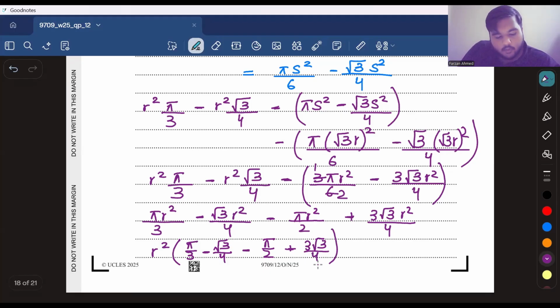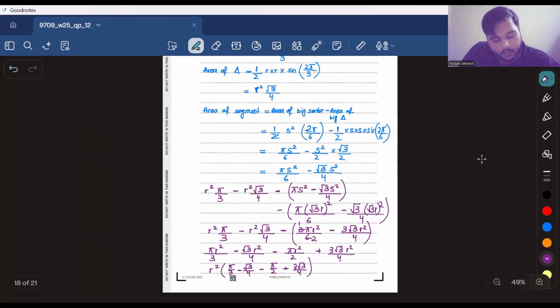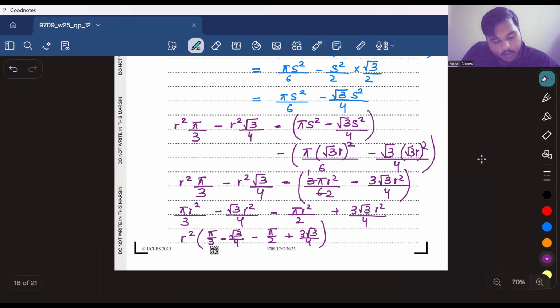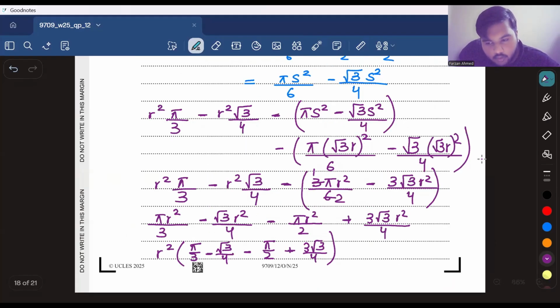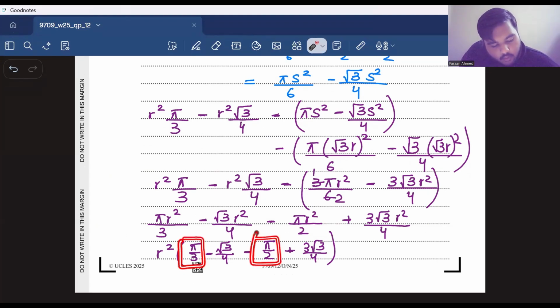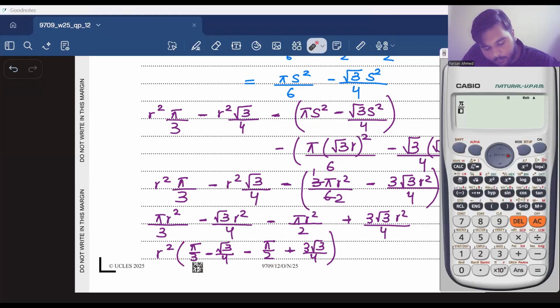Okay, so if we simplify this with the help of the calculator, first of all we will do pi upon 3 minus pi upon 2, which is equal to minus pi upon 6.